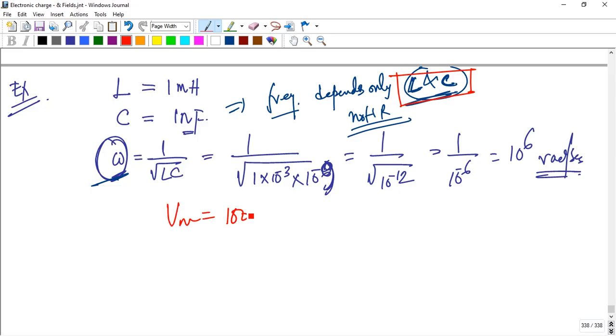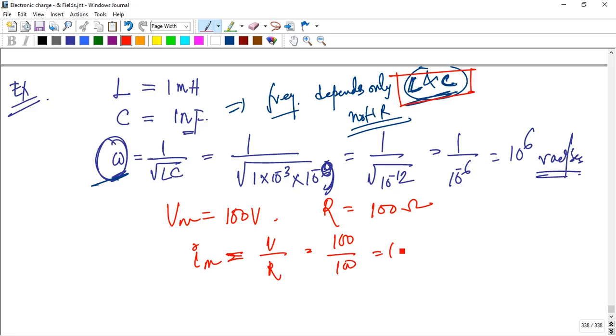Suppose the maximum voltage Vm is 100 volt, and R is 100 ohm. If R is 100 ohm, the maximum current I max equals V by R. V is 100, so 100 by 100 is 1 ampere current.